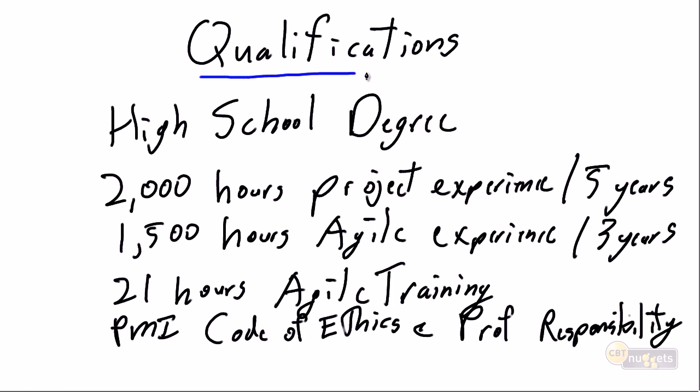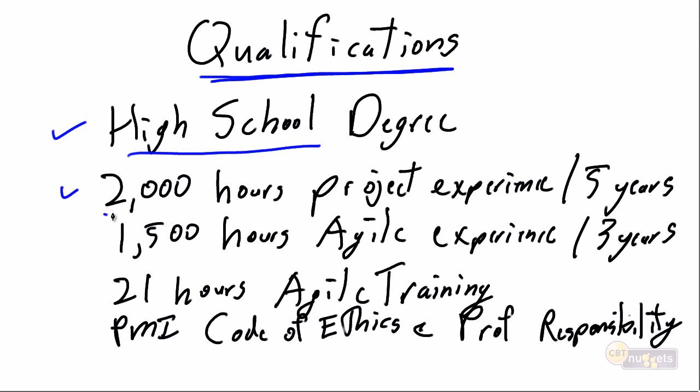So what are these relatively light qualifications? And I hope after I finish this discussion you will agree with me that they are relatively light. PMI expects that you have some degree of formal education, but limits it that you have basically successfully passed high school or the appropriate equivalency in the country where you have taken your formal education.